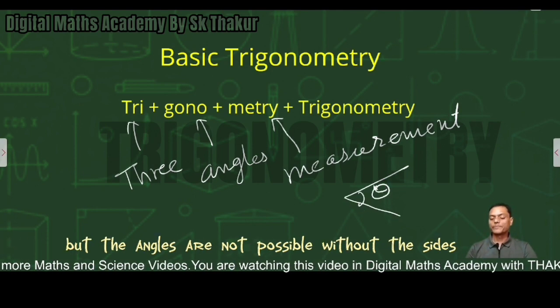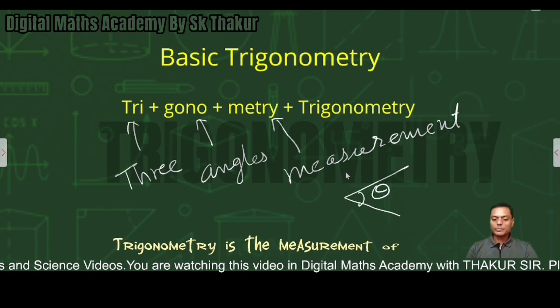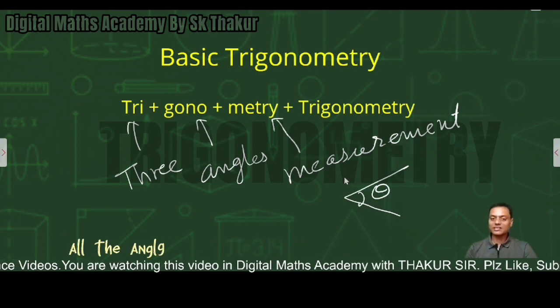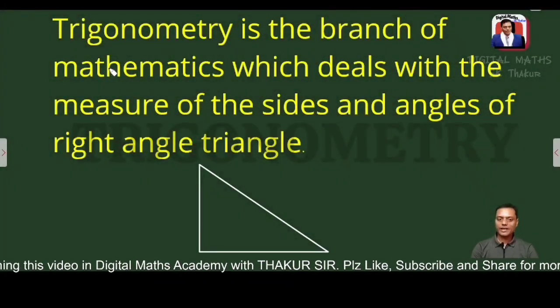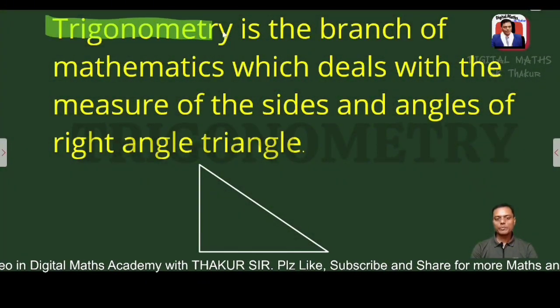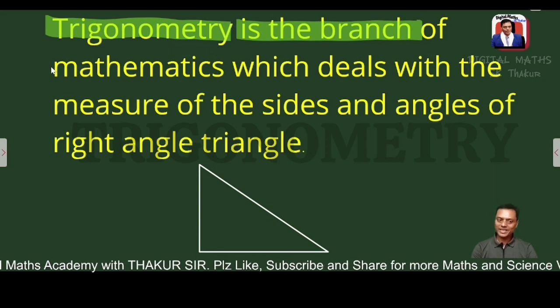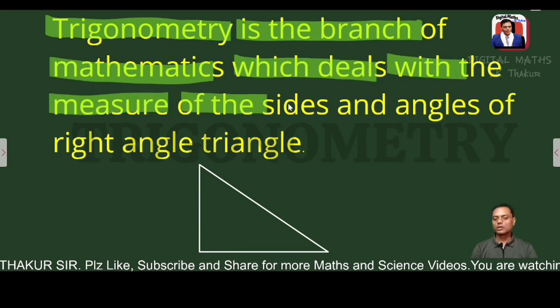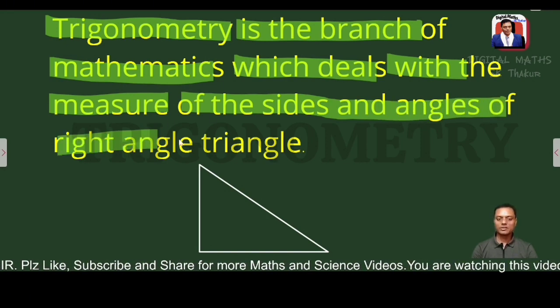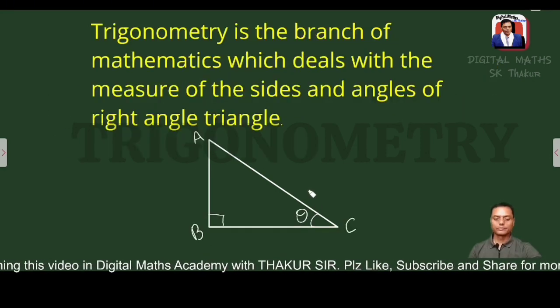So we can say trigonometry is the measurement of all the angles and the sides of a right angle triangle. Trigonometry can be defined as the branch of mathematics which deals with the measure of the sides and angles of a right angle triangle.